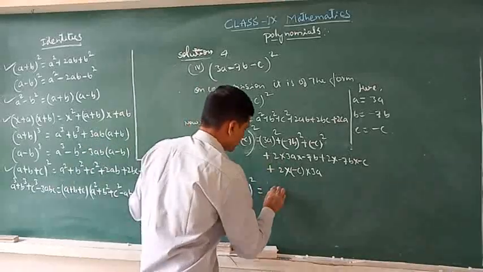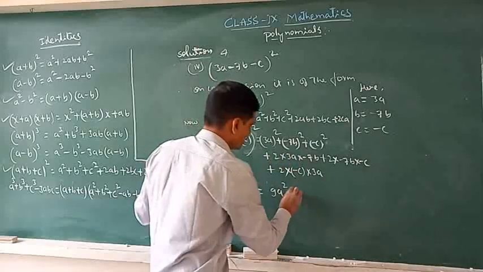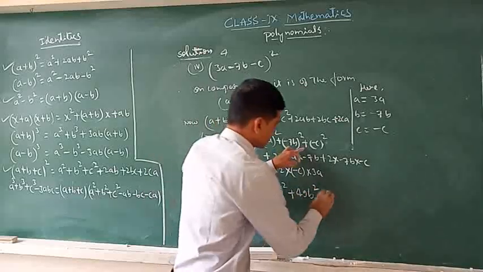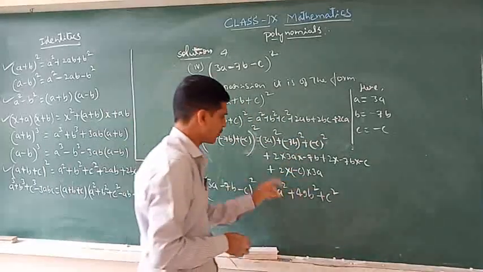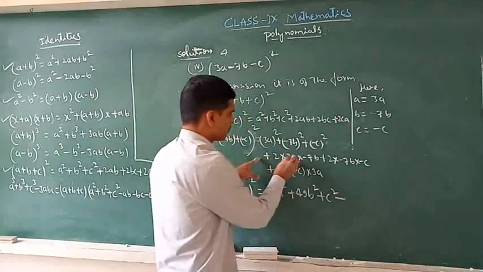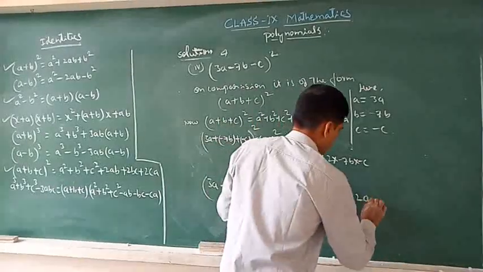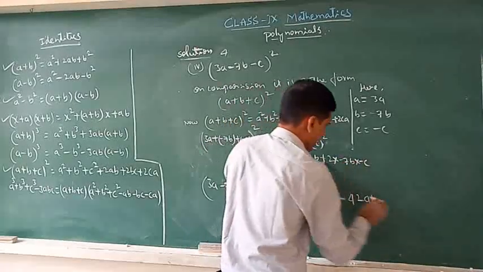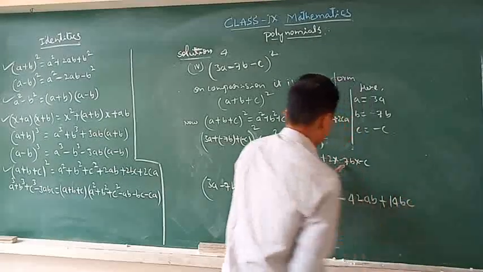Here 3A square means 9A square. Plus into minus: don't multiply this yet, first we simplify. Plus (7B) whole square is 49B square. Plus C square, because (minus C) square in expanded form becomes C square. Plus 2 into 3 into 7: plus into minus is minus, 2 3s are 6, 6 7s are 42, so minus 42AB. Here minus into minus becomes plus, 2 7s are 14, so plus 14BC.